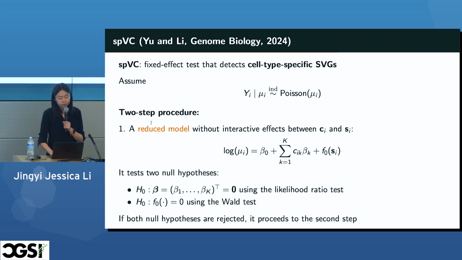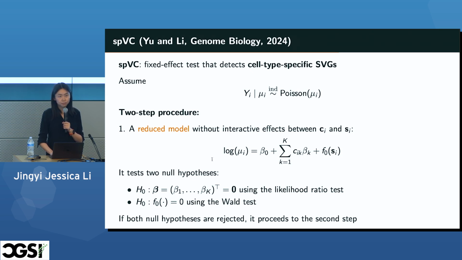The first step uses a reduced model without interaction effects between cell type, as specified by Ci, and spatial location Si. In this relationship between the log-transformed mean, which is called the link function, and the covariates, the cell types are here, and the spatial location as a fixed effect is here. But there's no interaction. They are just added together.